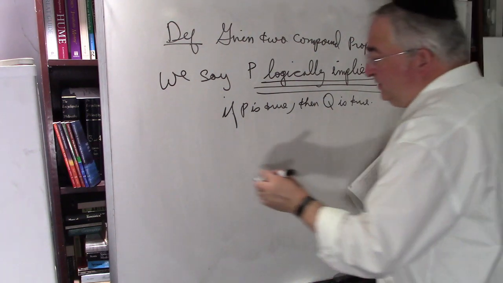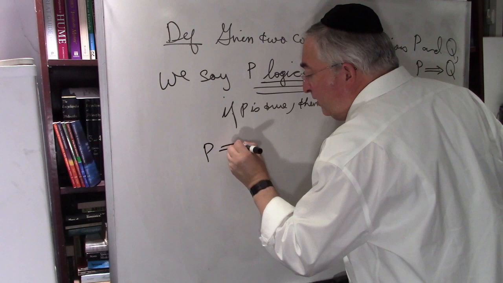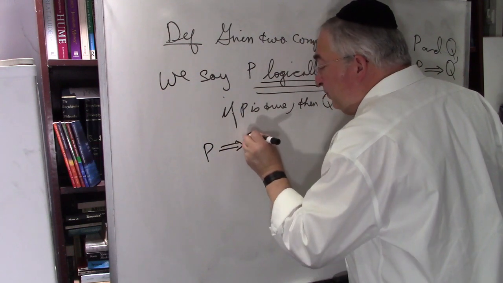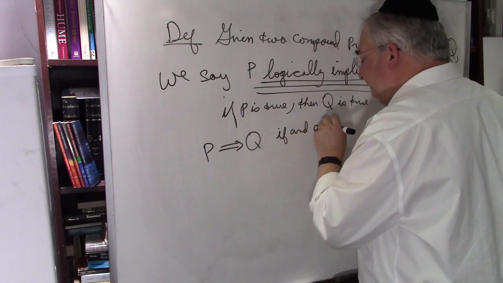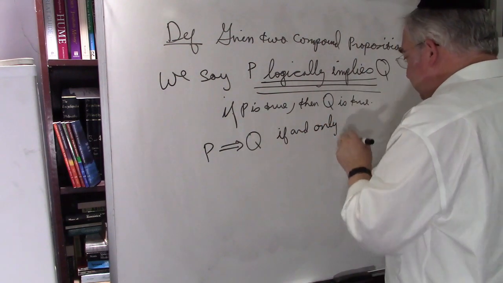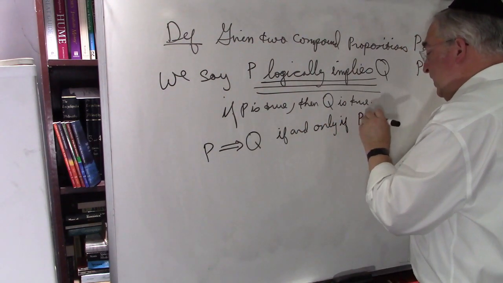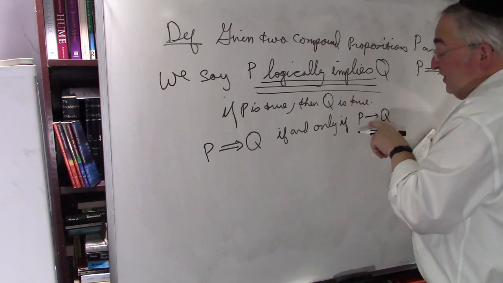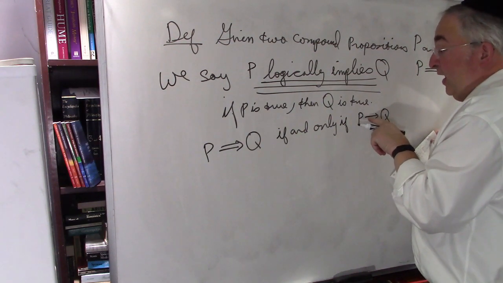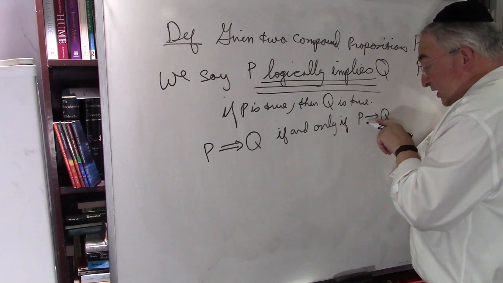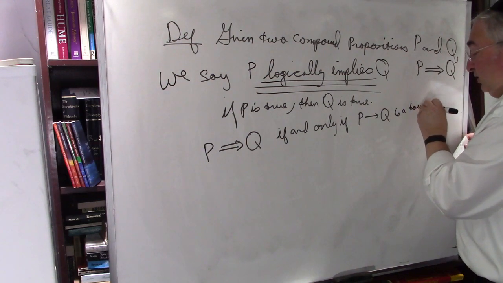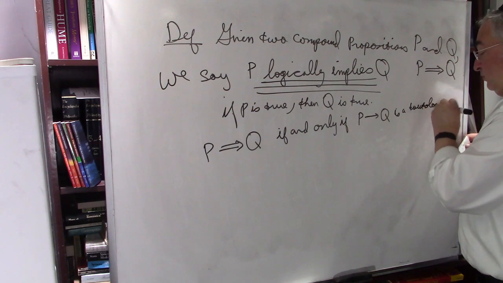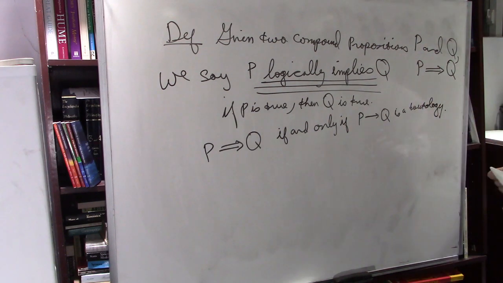Another way to say it is P logically implies Q if and only if P arrow Q is a tautology.